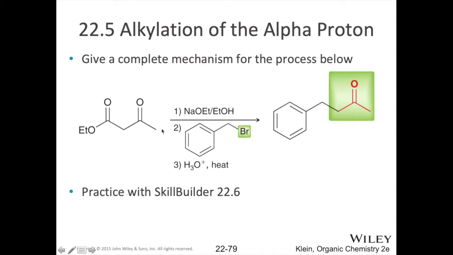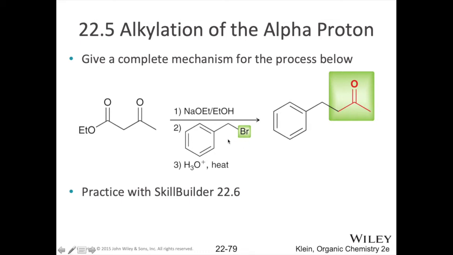Instead of starting off with diethyl malonate, we're starting off with ethyl acetoacetate, right? That's basically diethyl malonate, but with that methyl group here instead of another ethoxy group. But the reaction's pretty much the same. We're still going to use sodium ethoxide as our base.